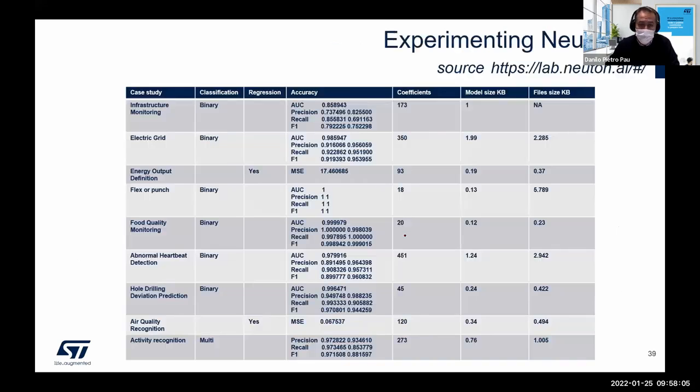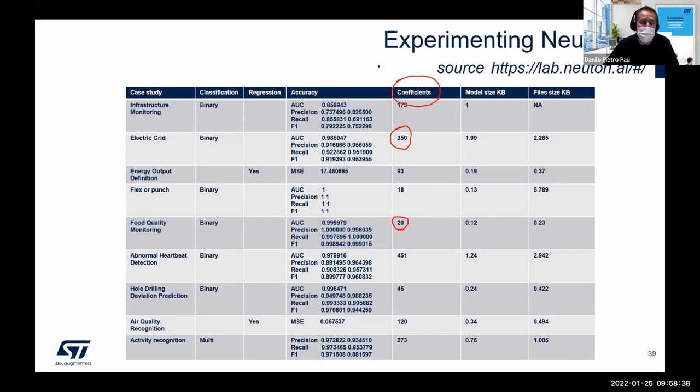And then I started to play with the Newton AI solution, the free solution that I invite you to experiment with on a number of tiny case studies: infrastructure monitoring, electric grid. If you enter the tool, you will find them clearly. But look at the number of coefficients. We are observing a few tens or a few hundred coefficients.